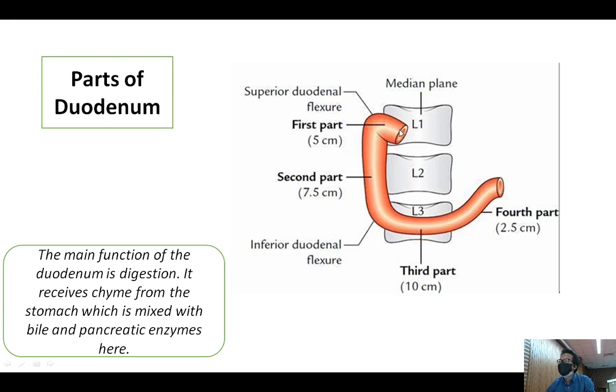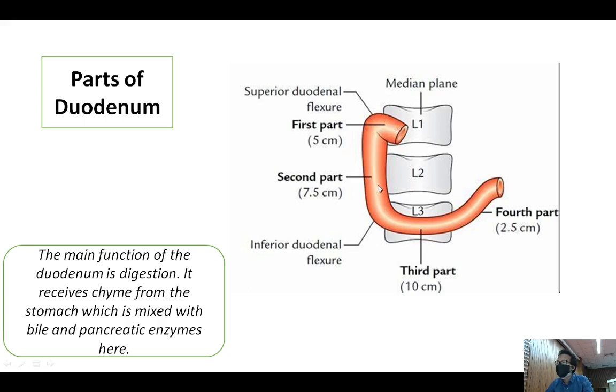Between the first part and the second part of the duodenum, you have a flexure over here. This is known as the superior duodenal flexure. And similarly, between the second and the third part, you have another flexure, which is known as the inferior duodenal flexure. The length of the first part is 5 centimeter.